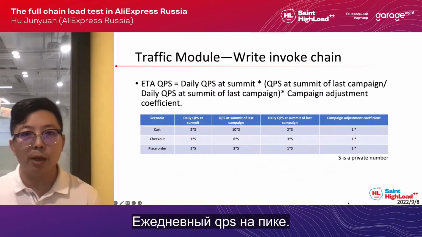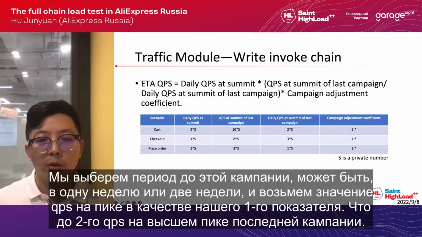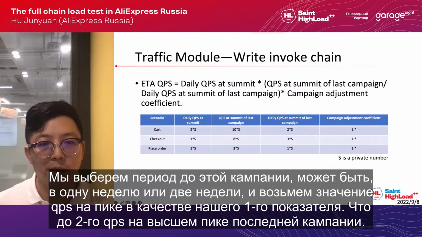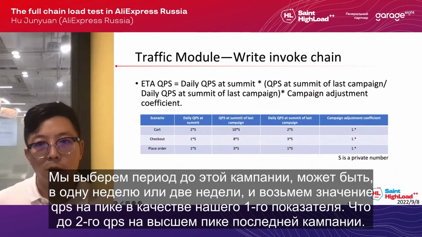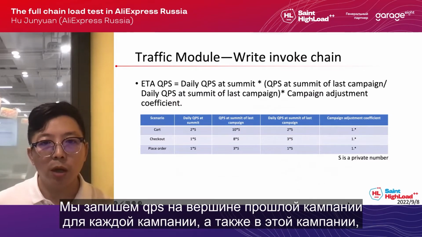For the daily QPS at summit, we select a period before this campaign, maybe 1 week or 2 weeks, and pick the QPS at the summit value as our first indicator. For the second, the QPS at the summit of the last campaign, when we finish a campaign we record the QPS at the summit of the last campaign.